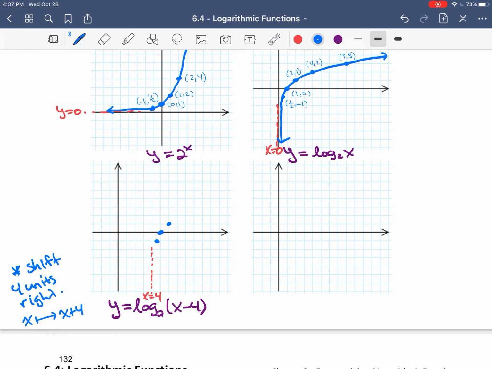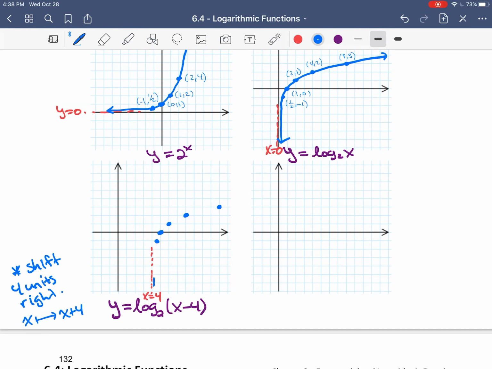If I add 4 to 4, I'm going to be at 8, so that's going to be there. If I add 4 to the 8, I'm going to be at 12, so that's 12 and 3.